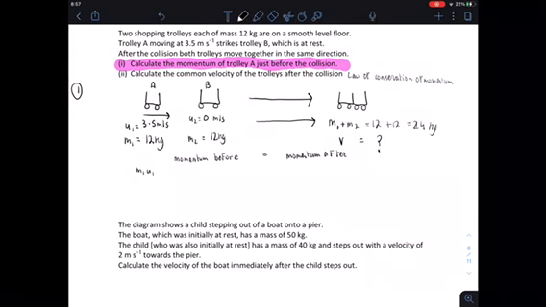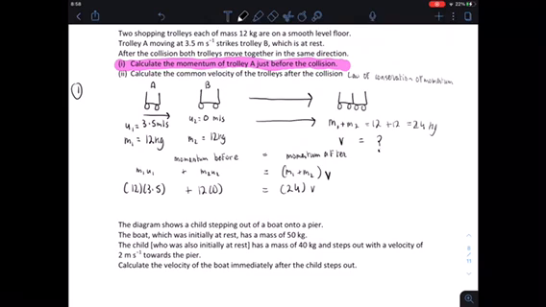This gives us m1u1 plus m2u2 is equal to the momentum after, which is the mass after a collision, m1 plus m2 in our case, times the velocity after the collision, which I'll call v. And from here, I'm going to substitute the values that I have into my equation. So where I see m1, I write 12, u1 3.5, plus 12 times 0 equals 12 plus 12, which is 24, times the velocity, the value that I'm looking for.